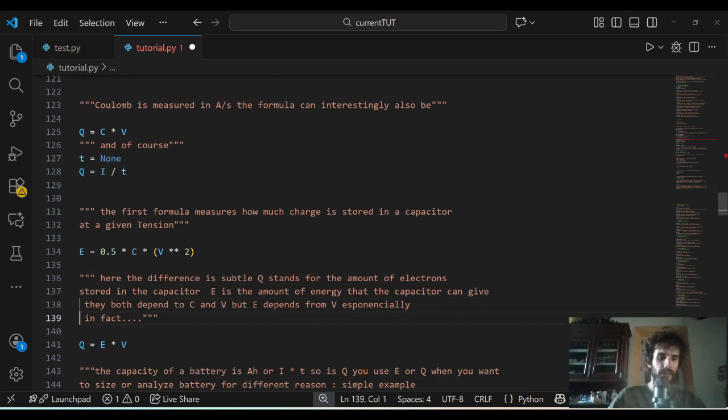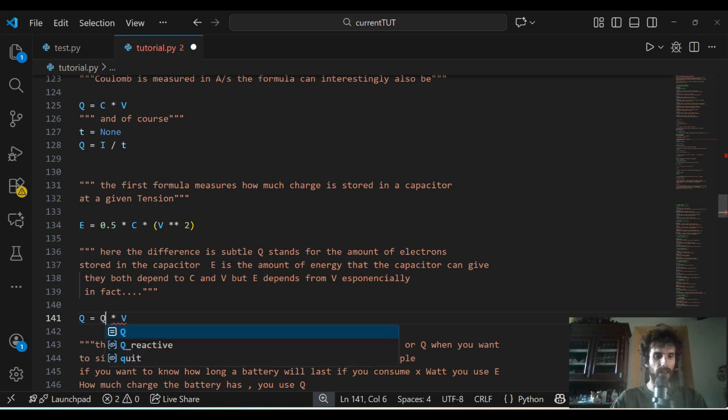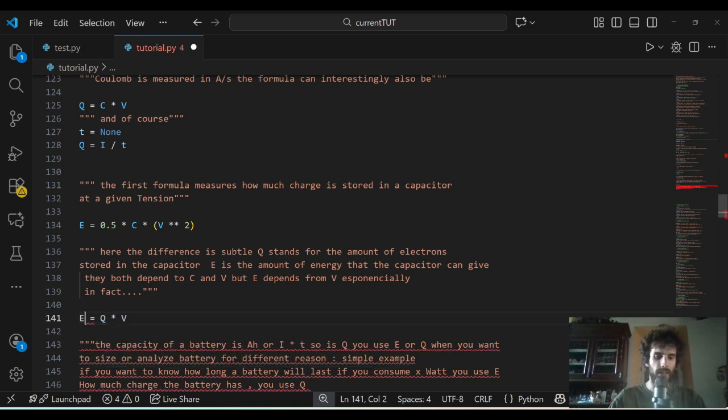And here comes the fact that the Coulomb is the energy multiplied by the tension. Actually, what I said is wrong. It is the energy that is the Coulomb multiplied by the tension.